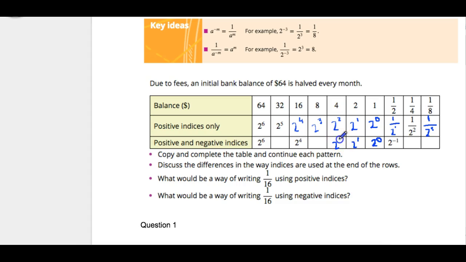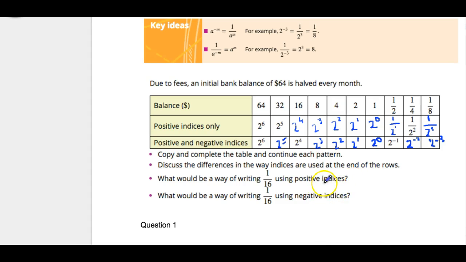It's only these last three that we actually have to write as a negative index. This one is negative 1, this one is negative 2, and this one here is negative 3. So what do you think would happen if we kept going?